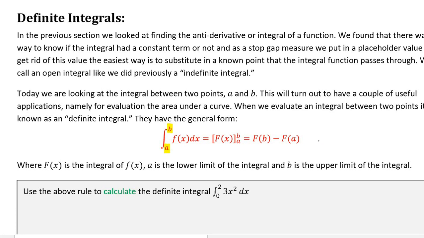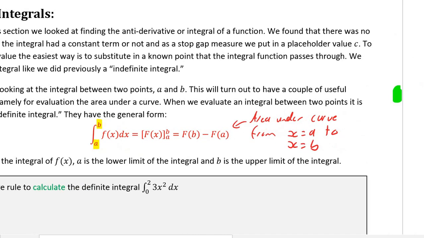And then we're done. So remember, what does an integral find? Area under the curve from x equals a to x equals b.